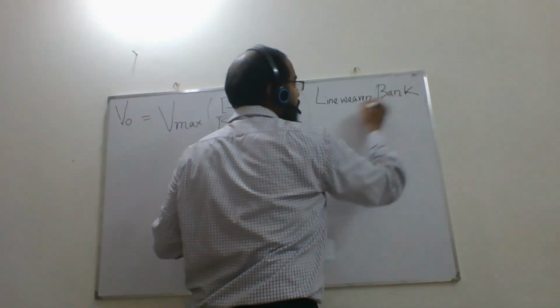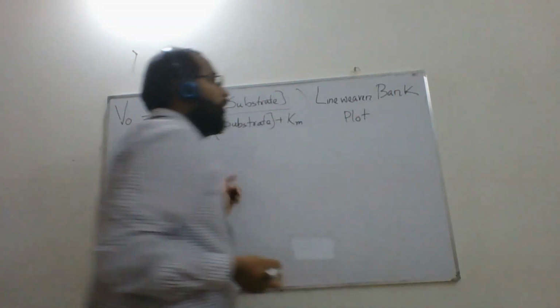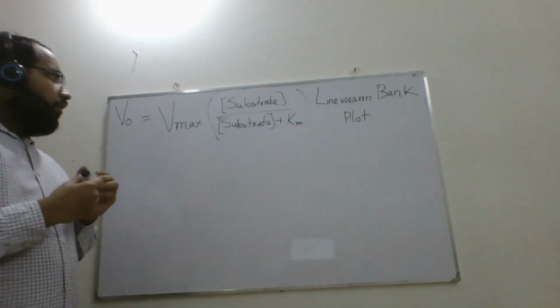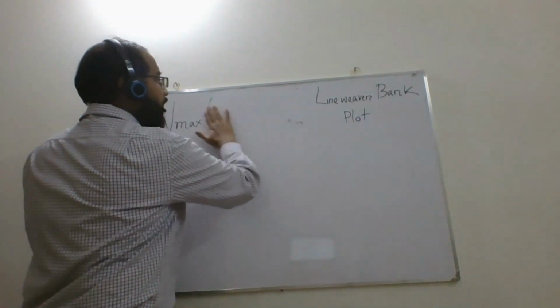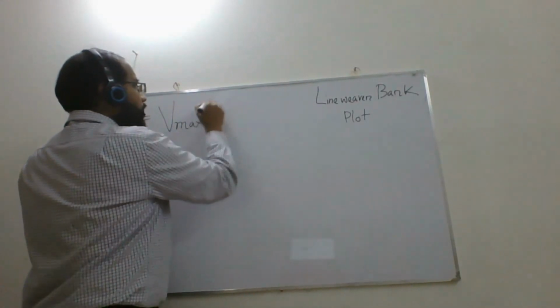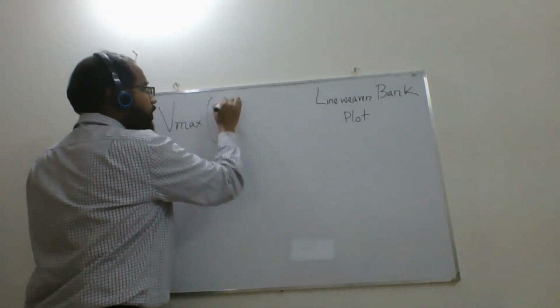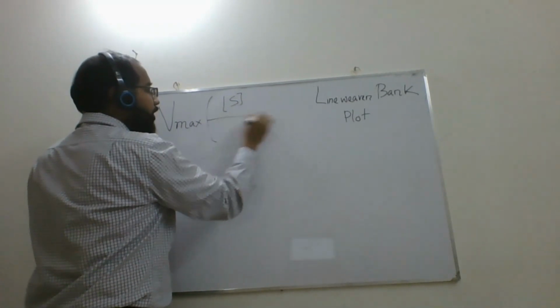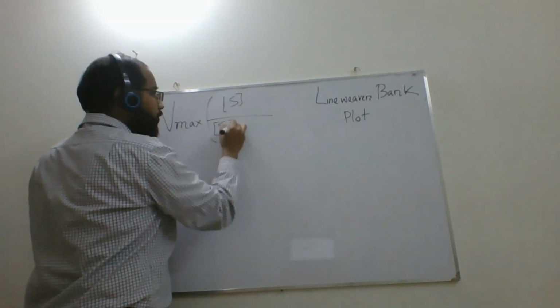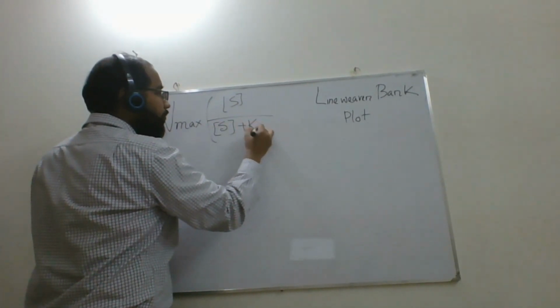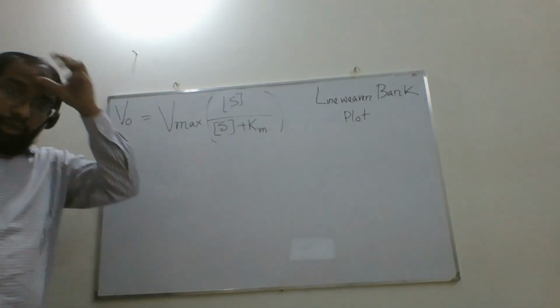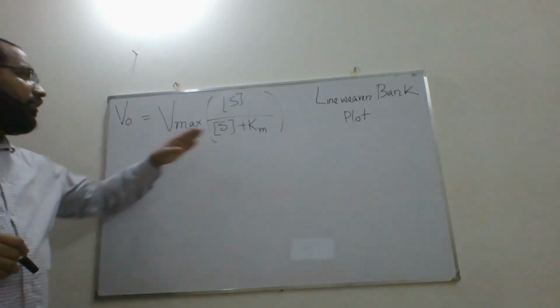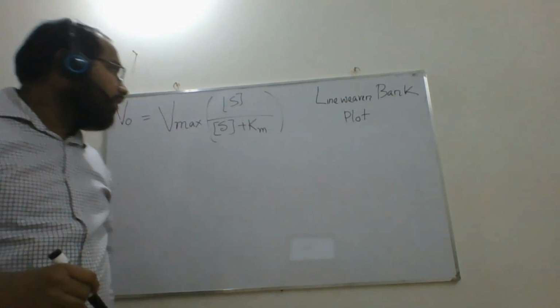For simplicity we can write s divided by s plus km.